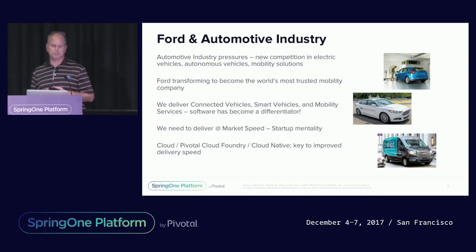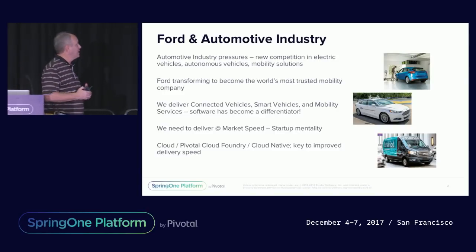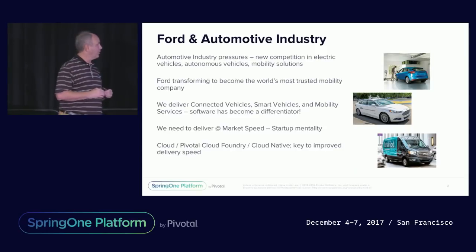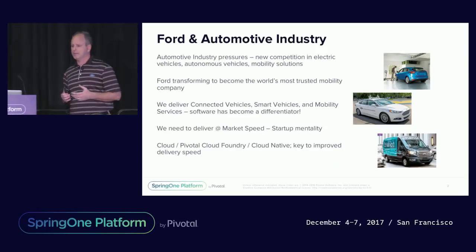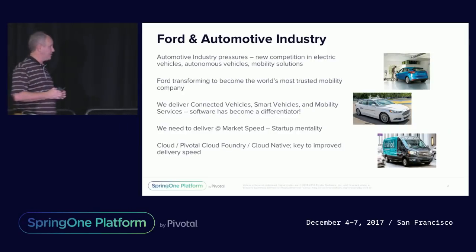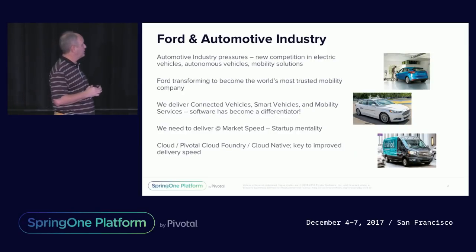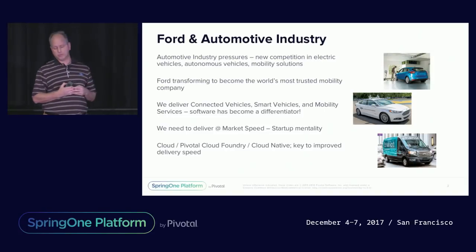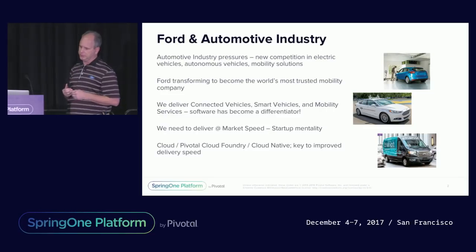So basically, first point here, there's been a lot of pressures in the auto industry. So lots of competition, lots of new competition. So companies, tech companies that you wouldn't think would be getting into automotive are, whether it's electric vehicles, autonomous vehicles, mobility solutions.